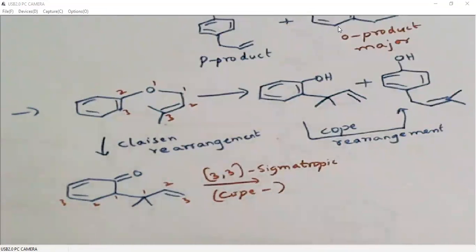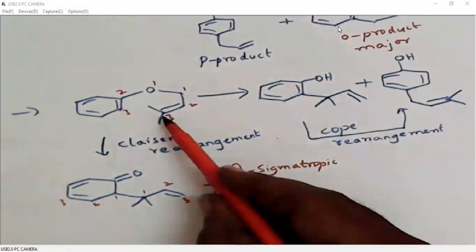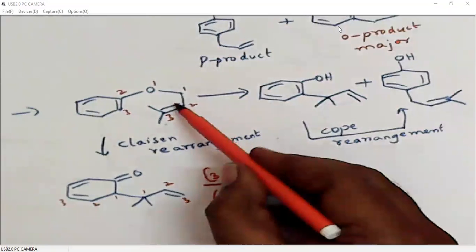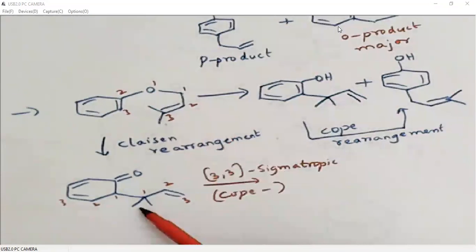So in the first case, it is undergoing a rearrangement. In the second case, again it is undergoing a rearrangement. So when it undergoes rearrangement for the first time, the substituent's place will change, right? Here, the carbon which is attached to oxygen doesn't have any substituents, but because of the rearrangement, the carbon attached to the benzene ring now has the substituents.